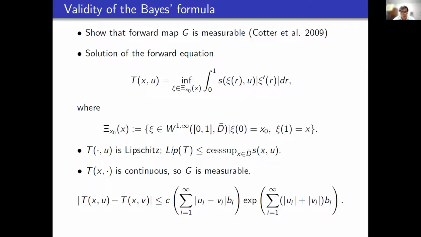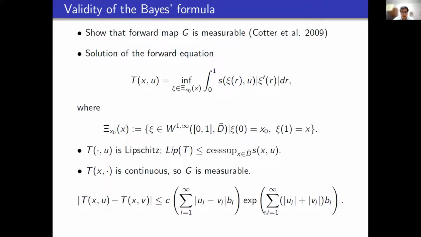Now it is well known that the solution of the forward equation is Lipschitz, and the Lipschitz constant is not more than a constant times the L-infinity norm of the slowness s(x, u) for each sample u, and this little c only depends on the domain D. When you use this variational principle by comparing the minimizing paths for the two samples u and v, we can derive this bound for the difference between the solutions of the forward eikonal equation for each point x inside the domain D for two samples u and v.